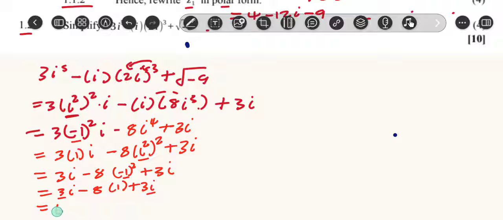We'll have 6i minus 8. Even if you leave your answer like this, minus 8, and add the 3i at the end, it would be 6i. It's one and the same thing. You leave it like that. That is it. You understand?